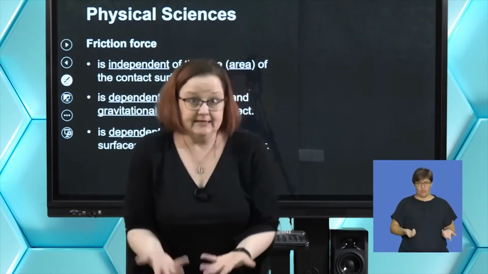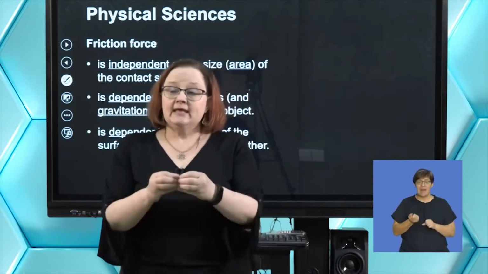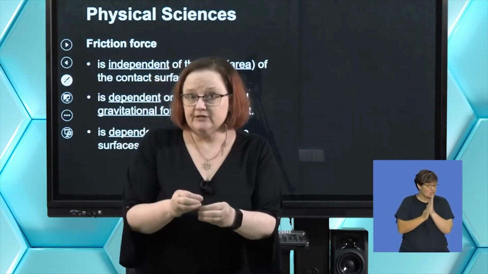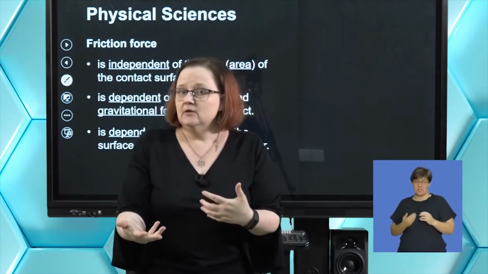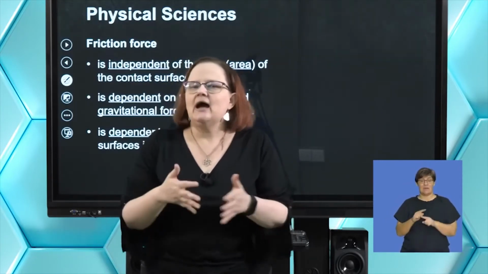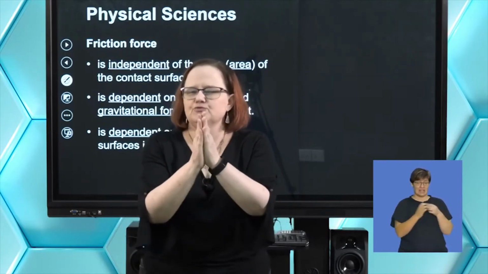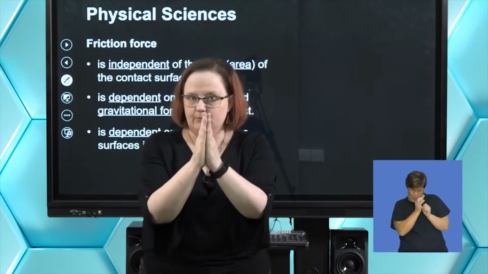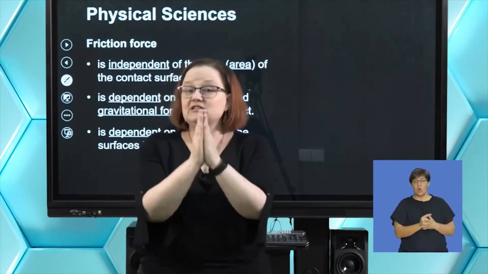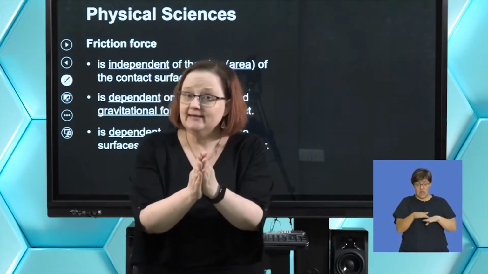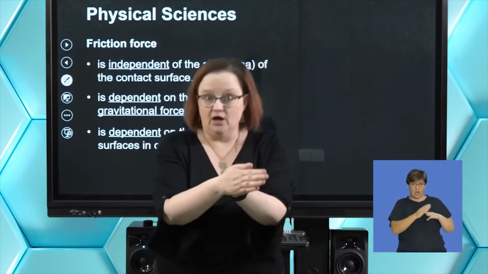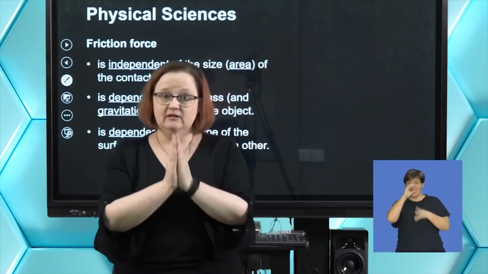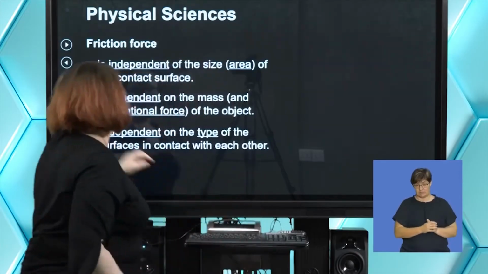It is what it is, okay? We can affect the amount of friction by the way we apply the forces to it, but we can't change how the two surfaces relate to each other because of their microscopic properties, okay? So it does depend on the surface. If we change the surface that an object is moving on, we change the friction that it experiences, okay?